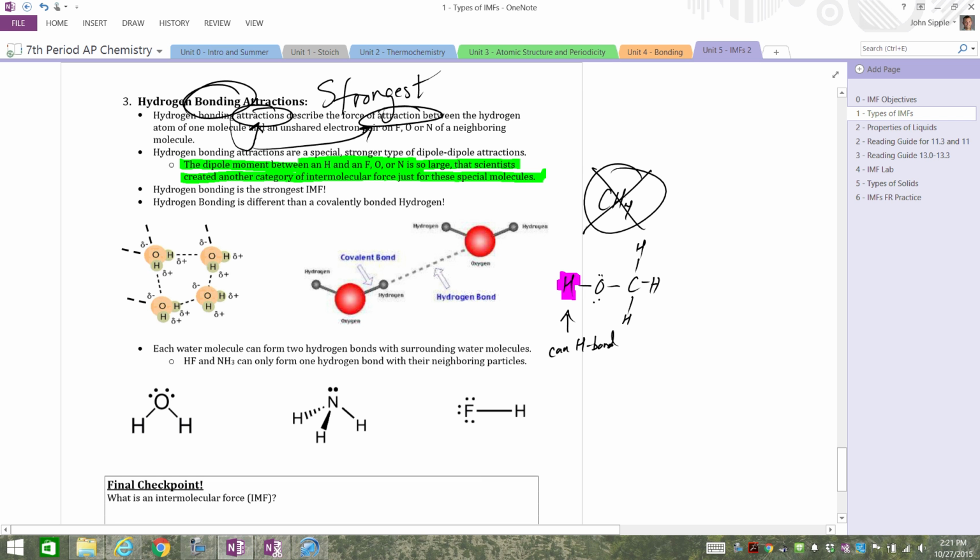The others cannot, because they are not attached to a fluorine, oxygen, or nitrogen.